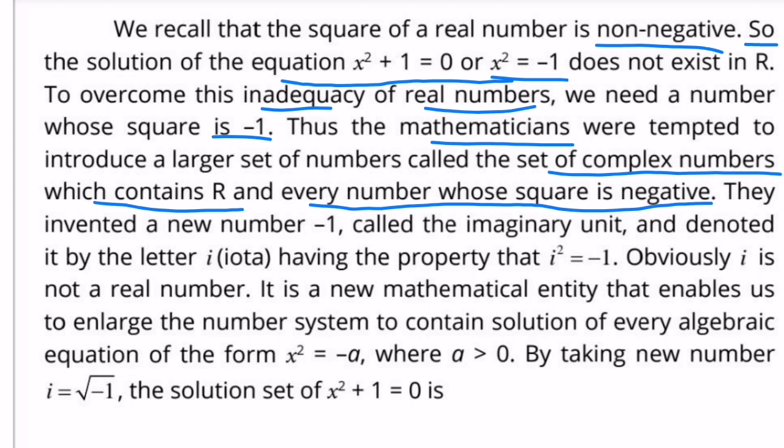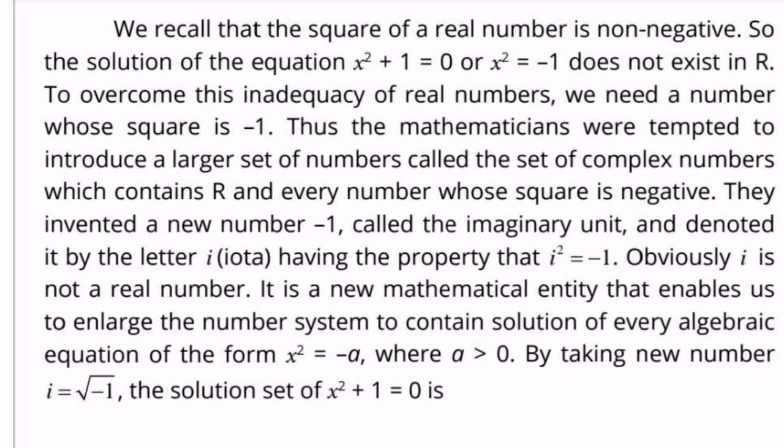They invented a number, square root of minus 1, called the imaginary unit and denoted it by the letter iota.